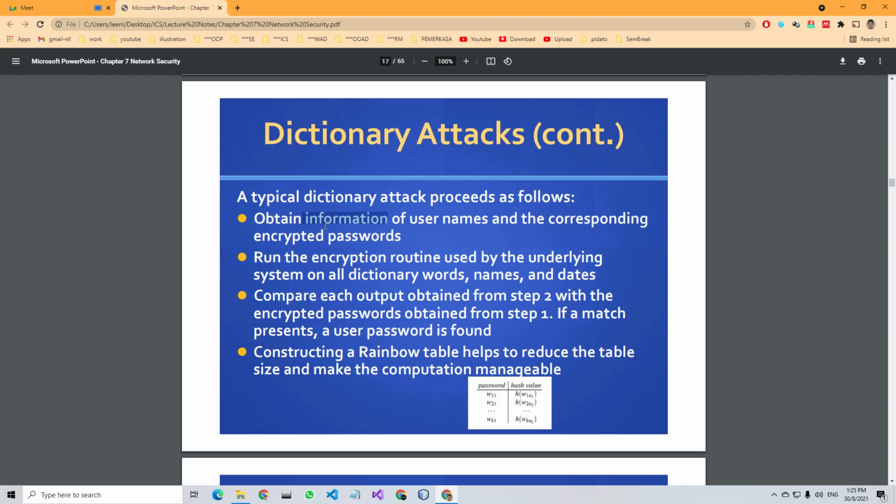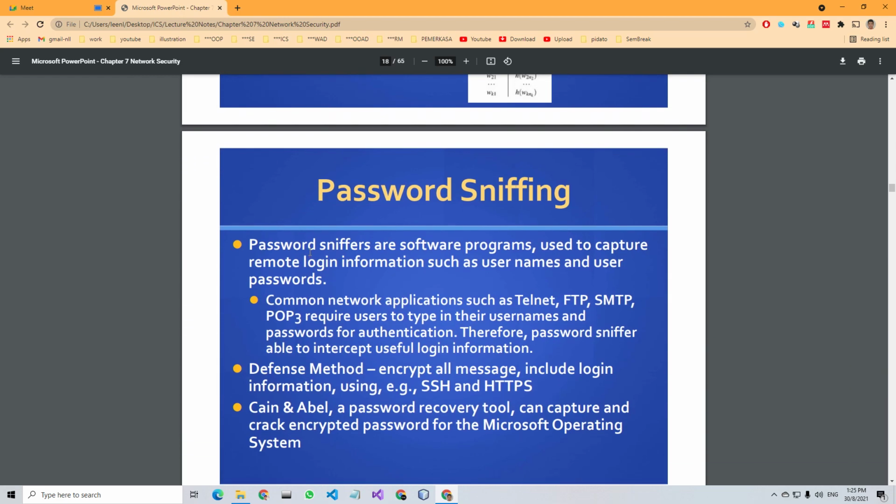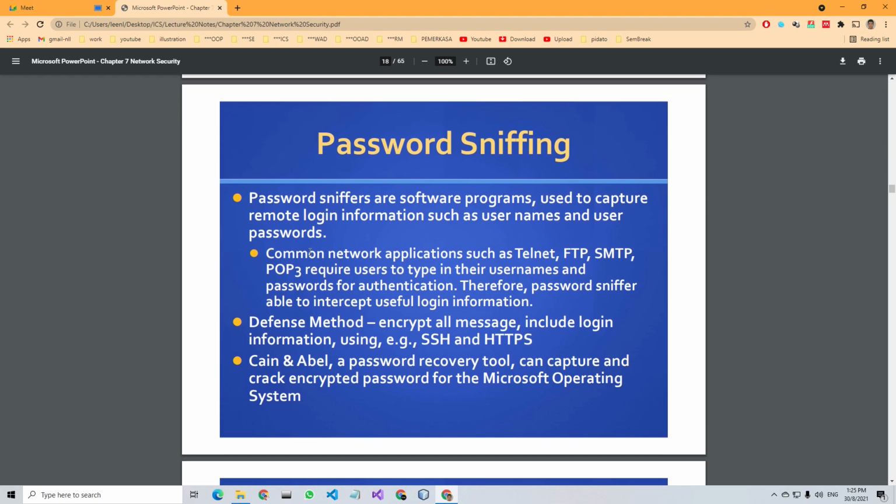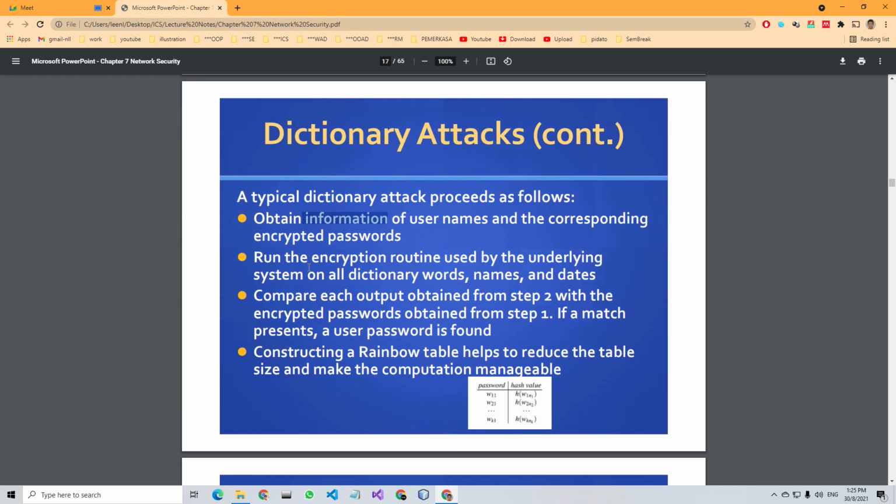Okay, next one. Rainbow table is used to attack the password in reverse. We didn't touch on this in detail, but let me brief you. The rainbow table contains possible hashes, and from that they match up the password.